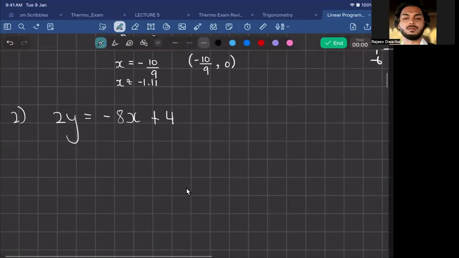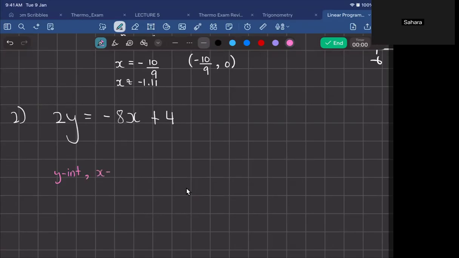Okay, so the y-intercept, you mean? And at the y-intercept, what do we know? That x is equal to 0. Right. You know why? Because on the y-axis you're going up and down. On the x-axis you're going left to right, and you're going left to right 0 times on the y-axis.